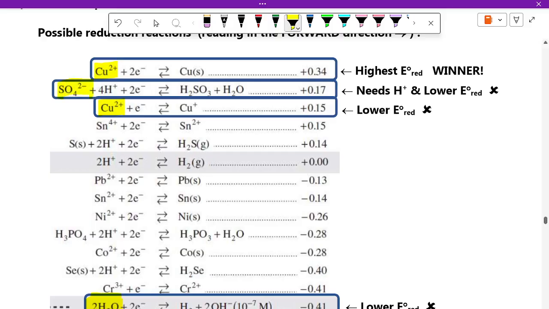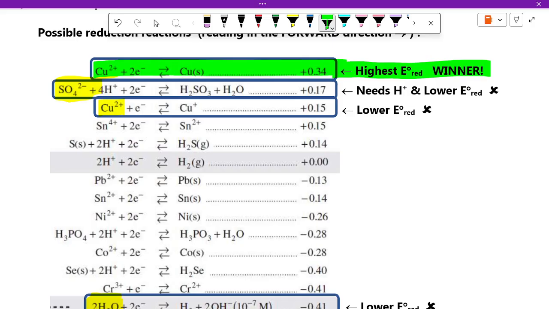And we have sulfate. So out of these four, who is going to be the one that gets reduced? It's going to be the first copper because it has the highest E naught red, so it is the winner. Sulfate, even if it was the highest, wouldn't work unless you had hydrogen. Yeah, and so that's how you make your choice there.